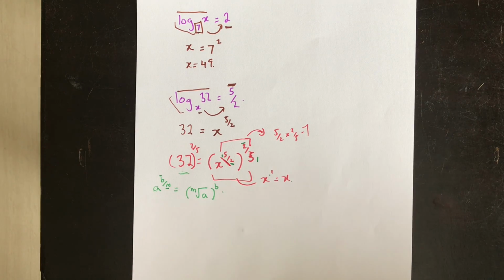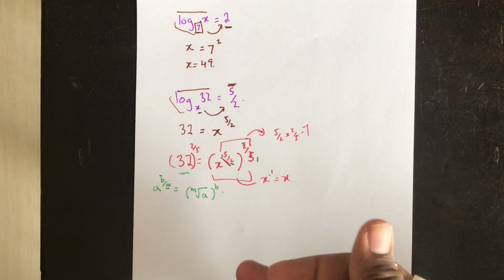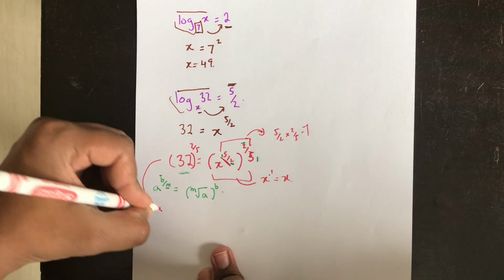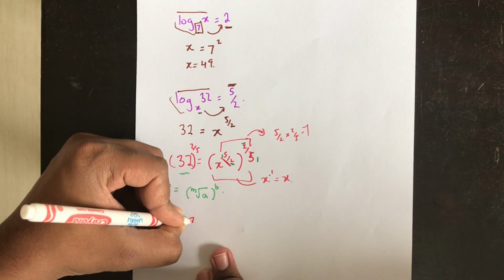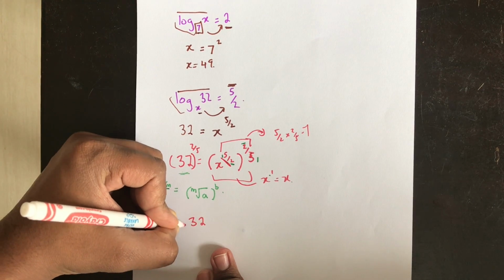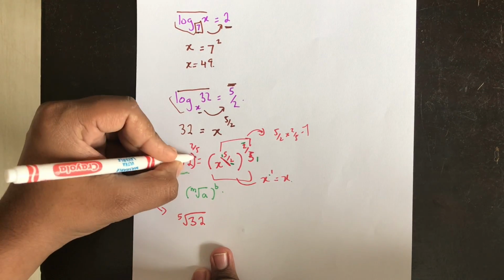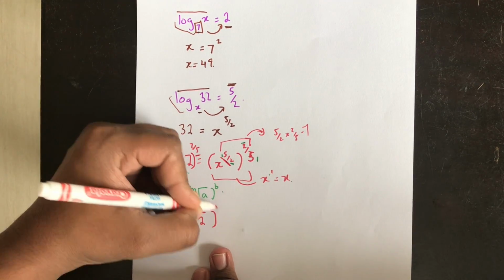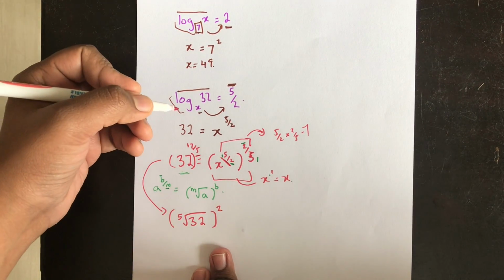That's one law we learnt in the previous videos. If you are not very familiar with that, you can familiarize yourself by looking at the previous videos. So how do we do 32 to the power of 2 over 5? This is the same as the fifth root of 32, because 5 is the denominator, and the result squared, because 2 is the numerator.